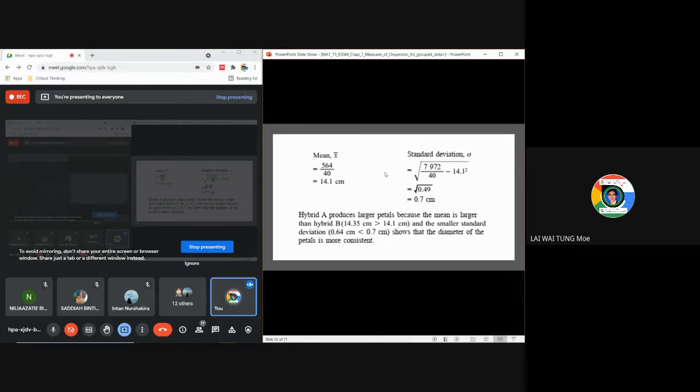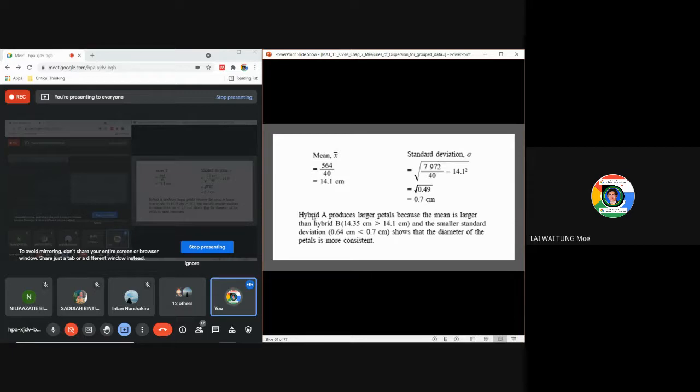And then lastly, you have to compare between hybrid A and hybrid B. So how to compare? Okay, back to the question. The question asks which hybrid produces larger petals and is more consistent, right? So you have to answer this question. First, for the petals, which one produces larger petals?